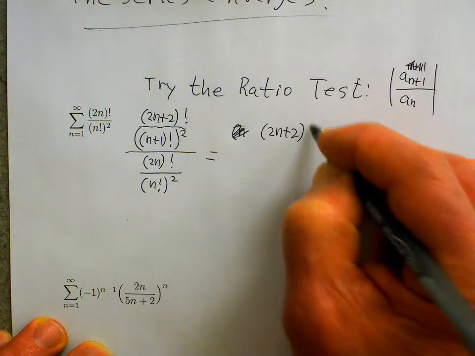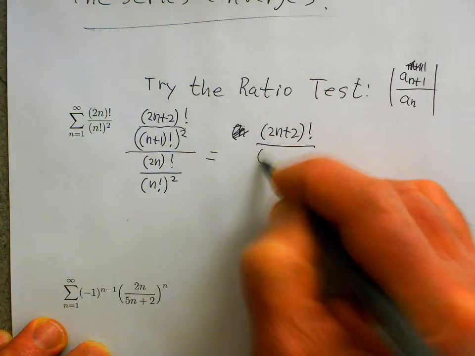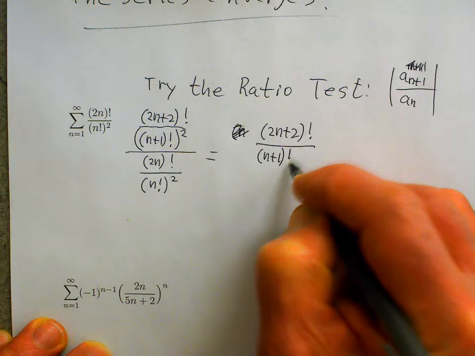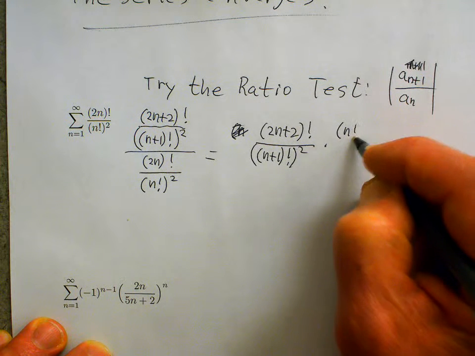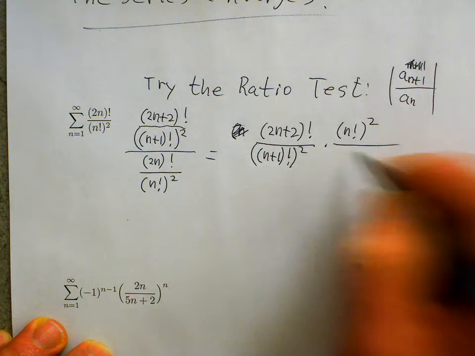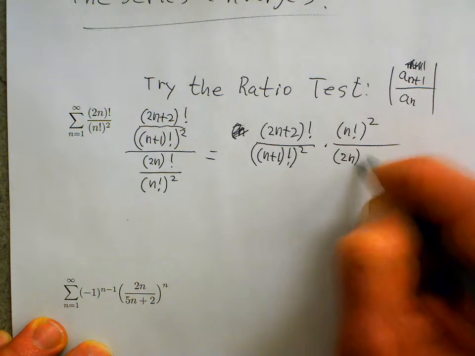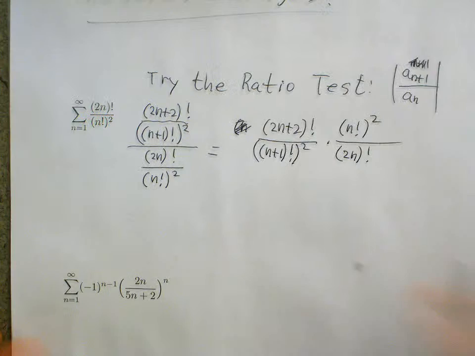So 2n plus 2 factorial over n plus 1 factorial squared, times n factorial squared over 2n factorial.